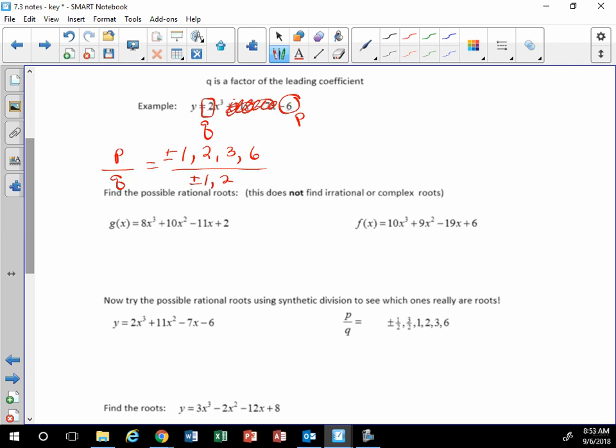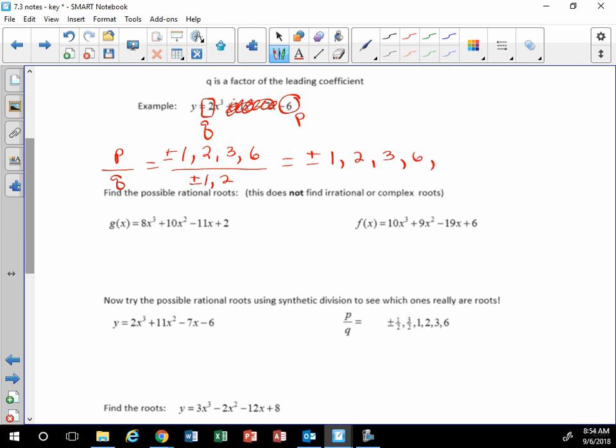Then we need to list the actual fractions. Again, I'm just going to put a plus or minus at the start of my list. And then I'm going to do all of the potential numerators over your first denominator, and then all of the numerators over the second denominator. So I'm going to do 1 over 1, which is 1, 2 over 1, which is 2, 3, 6.